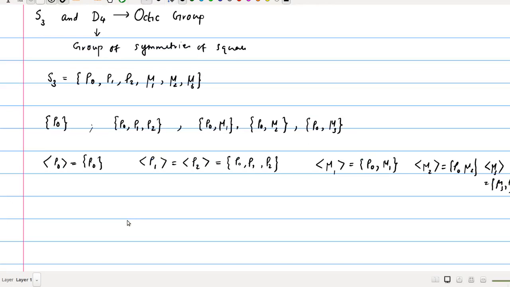Once you collect all the subgroups of S3, you can arrange them in a hierarchy. We write the trivial subgroup in the last level.